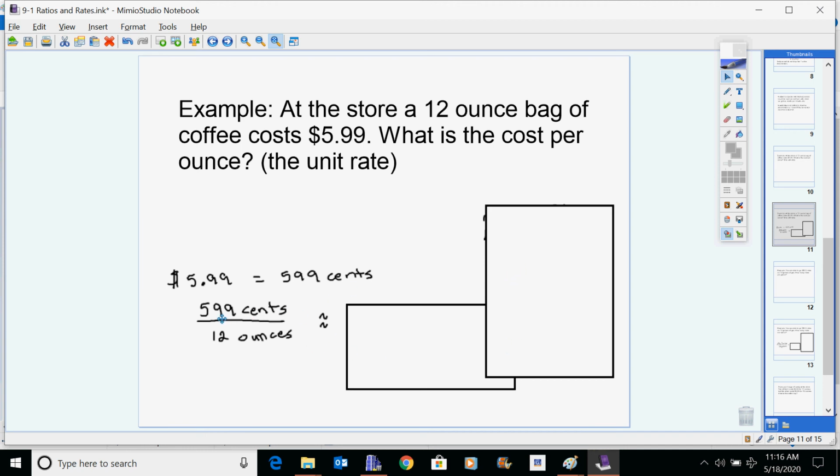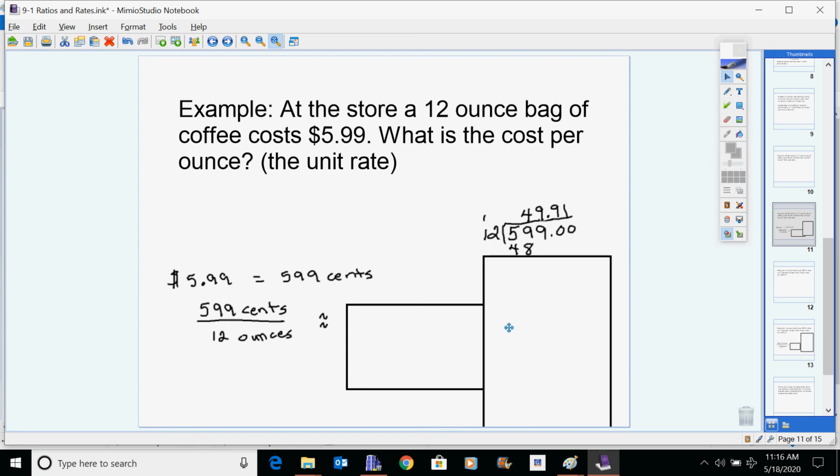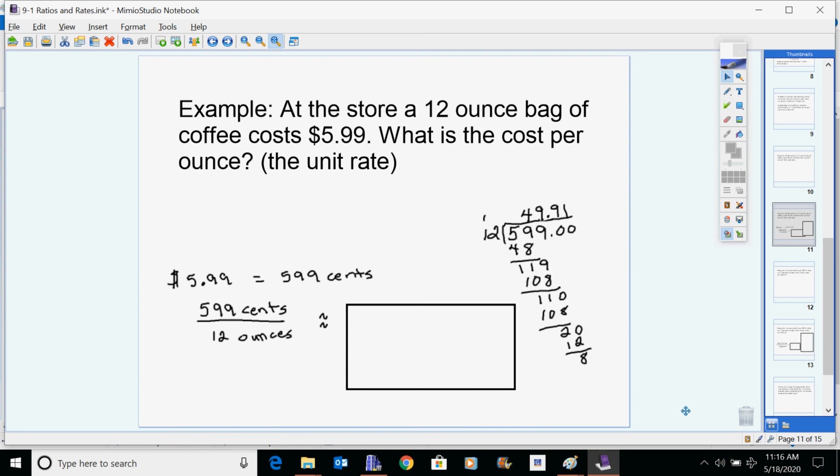So I need to take 599 divided by 12. You know how to divide it out, but what you see is that as you do the dividing, you keep adding zeros, and you could keep doing that forever. We don't want to go on forever. We just want to round to the 10th place. So when you get to the 100th place, stop and see if it rounds up or stays the same.